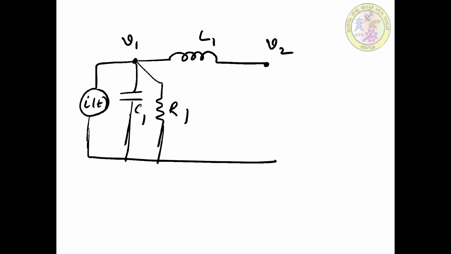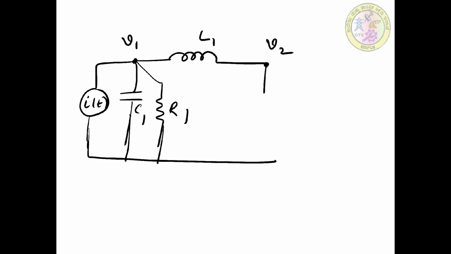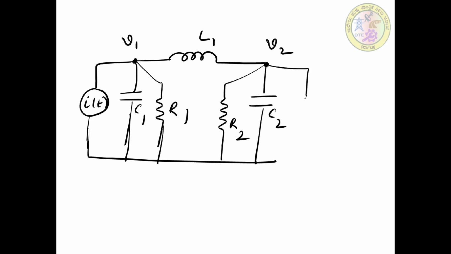At node V2 we have capacitor C2, resistor R2 and inductor L2, because L1 is already connected. So this is our torque current analogous circuit.